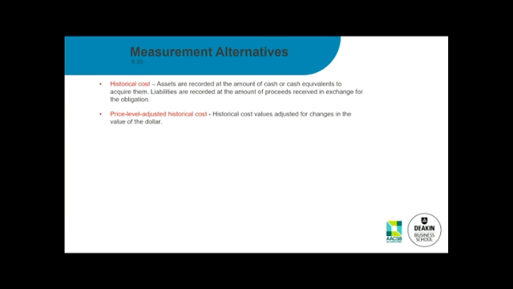Another alternative is price level adjusted historical cost. So this variation is where we adjust our historical cost for inflation. As the time goes on, the value of the dollar will reduce. So $1 today is not worth as much as $1 10 years ago.